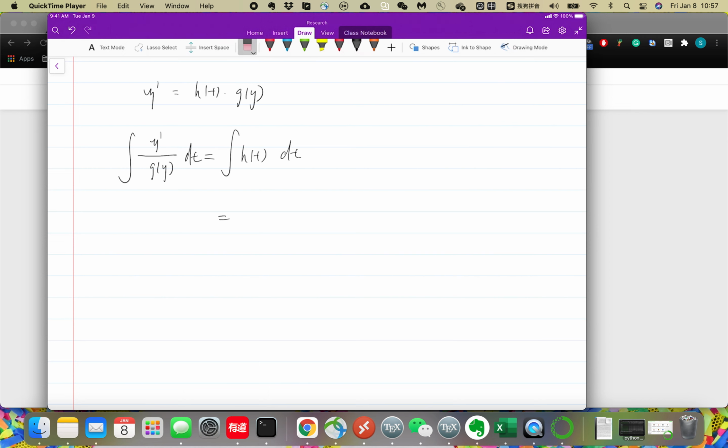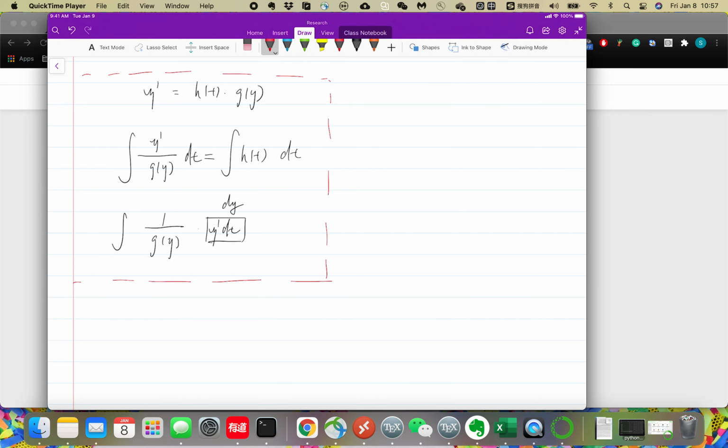The harder part is the left-hand side. But now the beautiful thing is it's going to be 1 over g(y) times y prime and dt. And the y prime dt naturally gives you dy. So you can treat the left-hand side as a function of y, and you can treat the right-hand side as a function of t when you take the same antiderivative with respect to dt. That's the beauty of doing separable functions. Okay, so again, everything involving y on one side, no t.